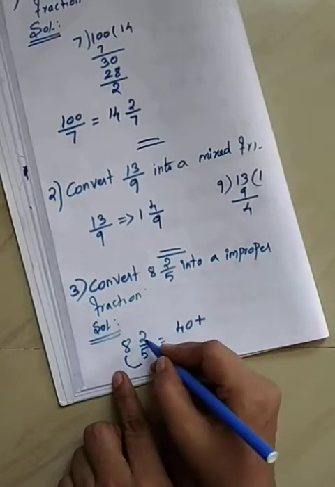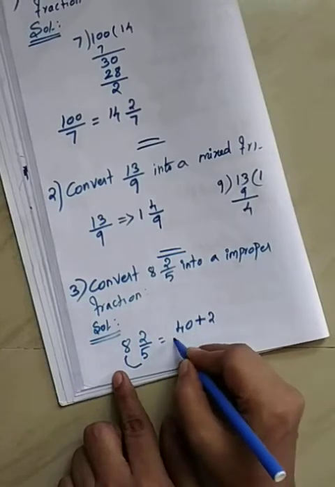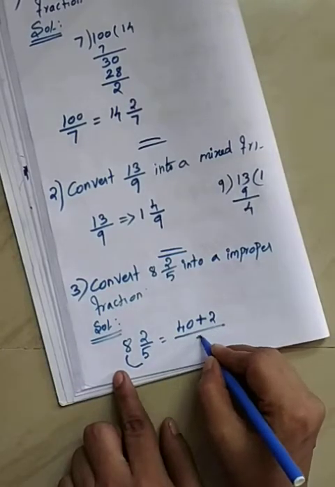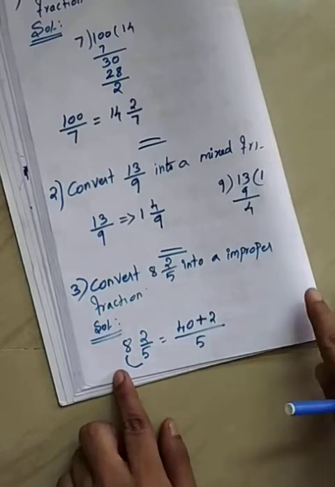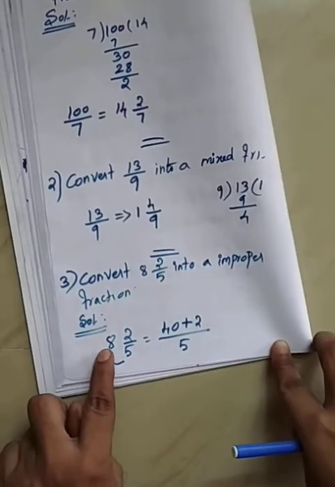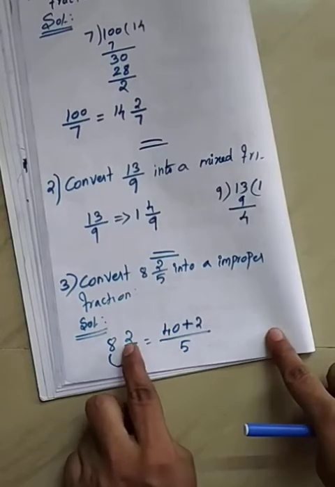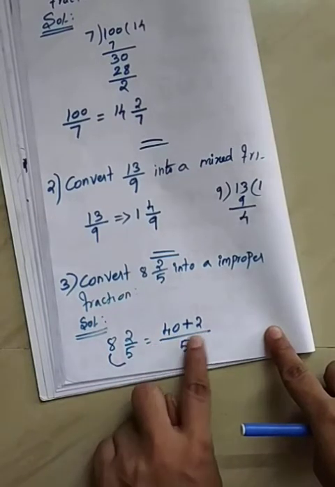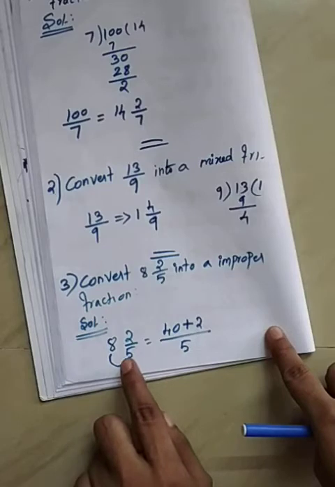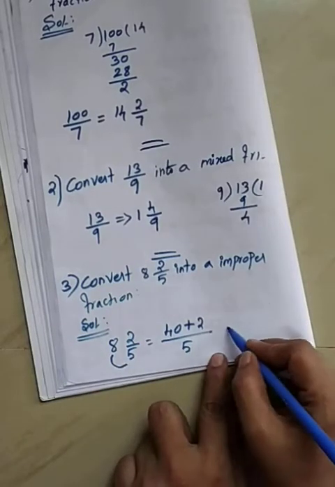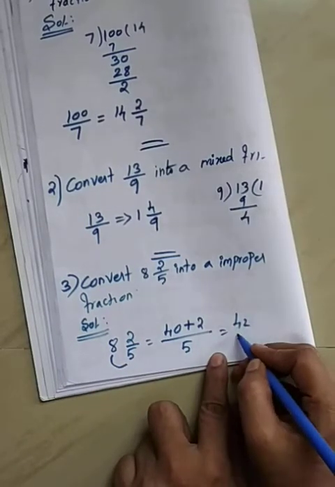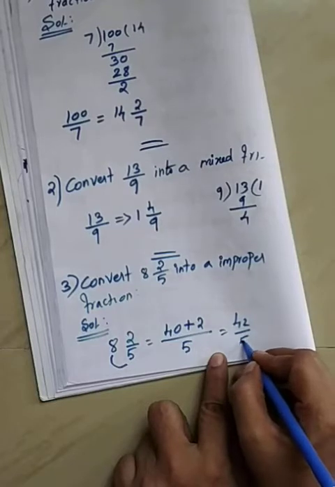Put the plus symbol. Write this 2. Whole thing divided by the denominator. See, what I told you: 8 into 5, 40, plus 2, whole thing divided by the denominator value. Now you have to write 42 divided by 5.